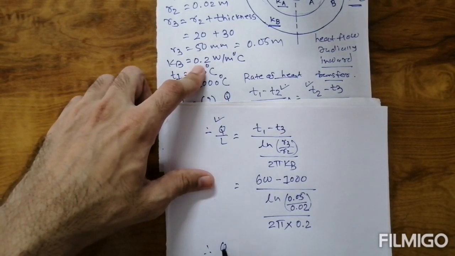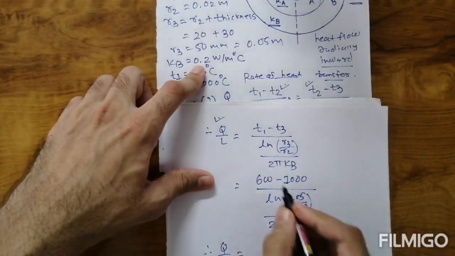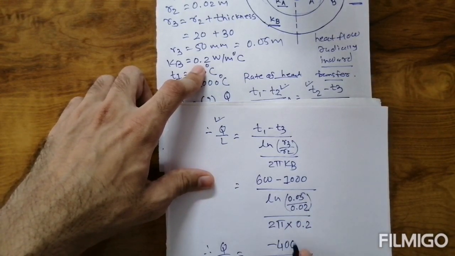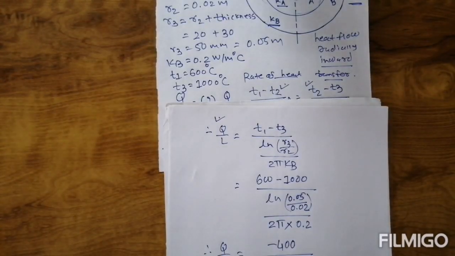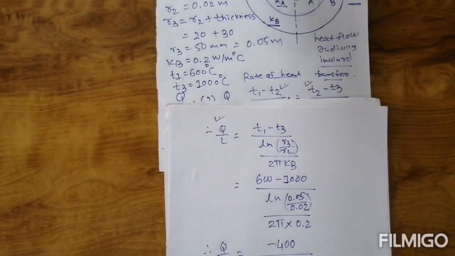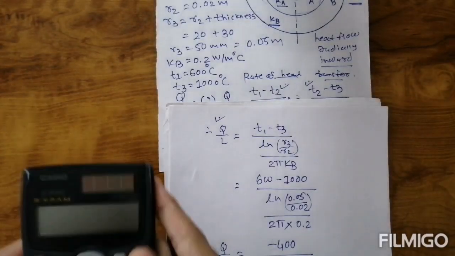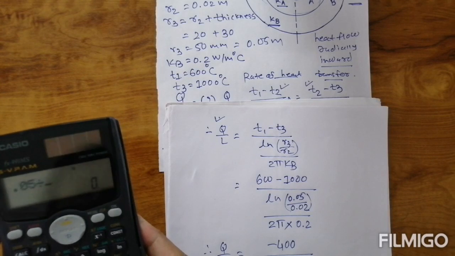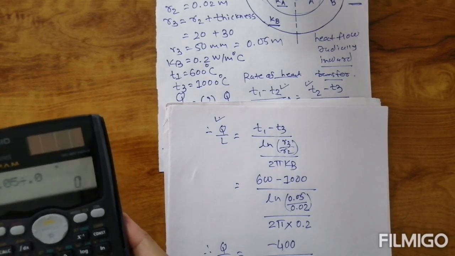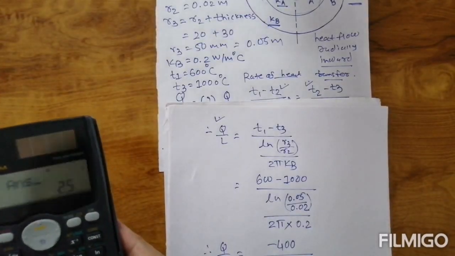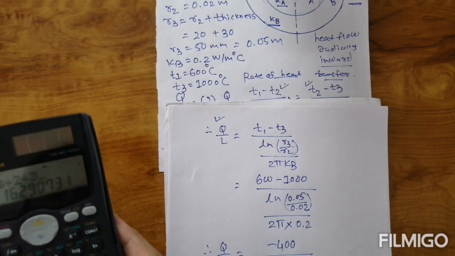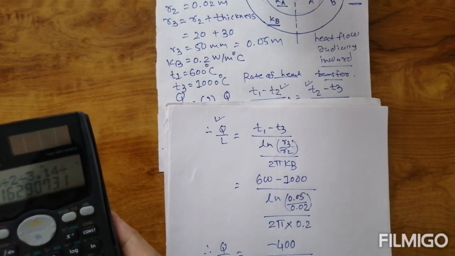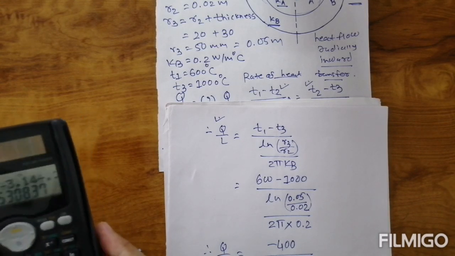So Q by L is equal to minus 400 divided by ln 0.05 divided by 0.02, divided by 2 times 3.14 times 0.2.